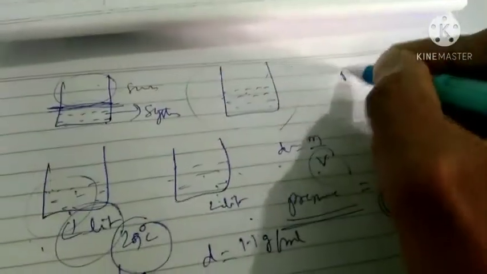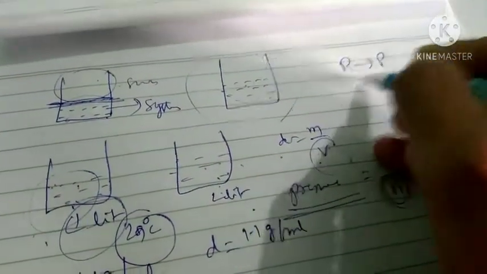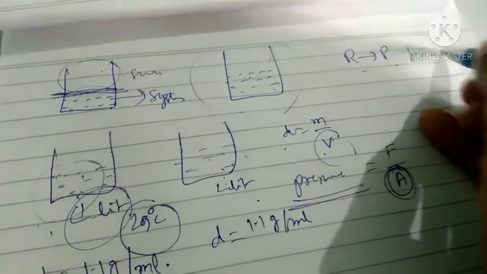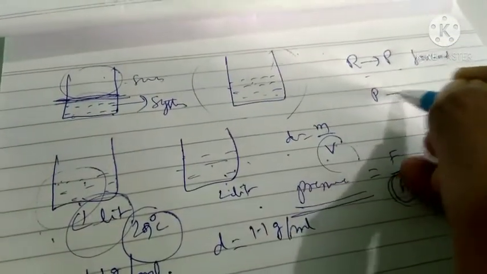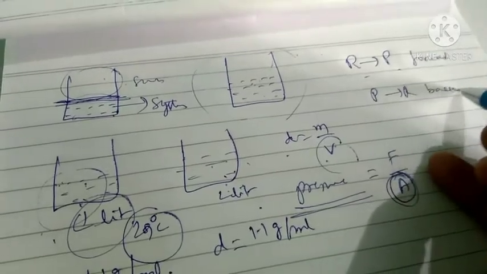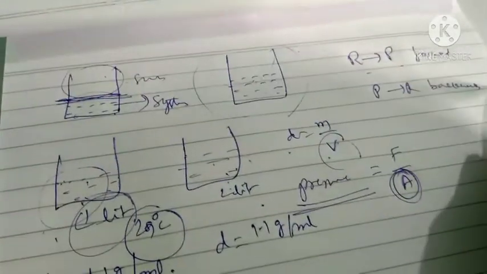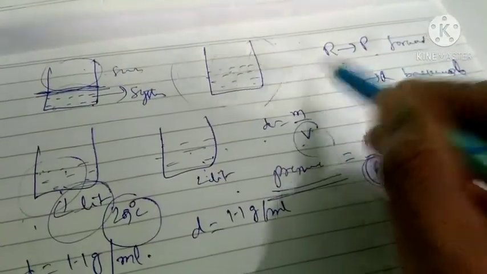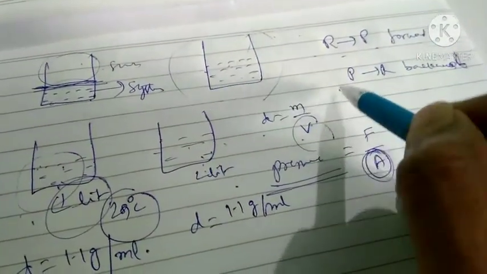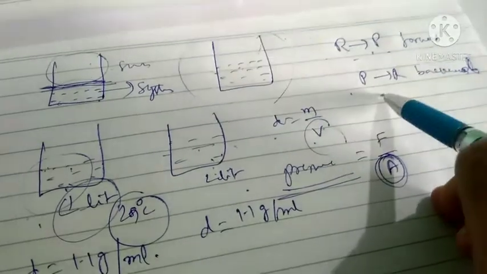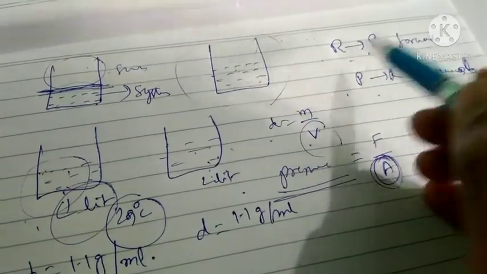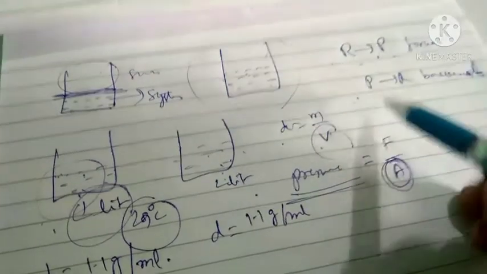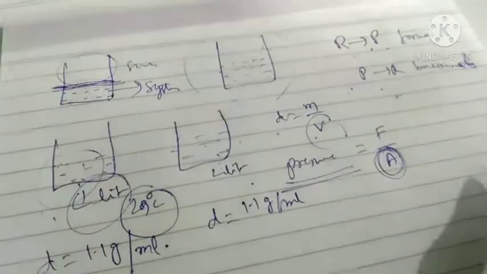Suppose reactants are converted into products, that is forward reaction. If products are converted into reactants, that is backward reaction. In that irreversible process, either this process takes place or this process takes place. Either forward reaction or backward reaction, system to surroundings or from surroundings to system. That process is called irreversible process.